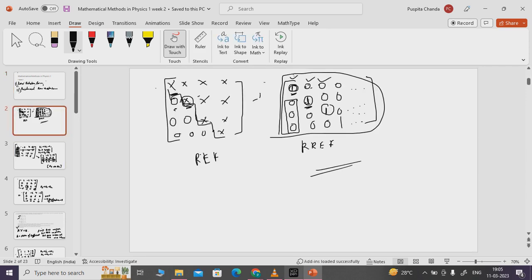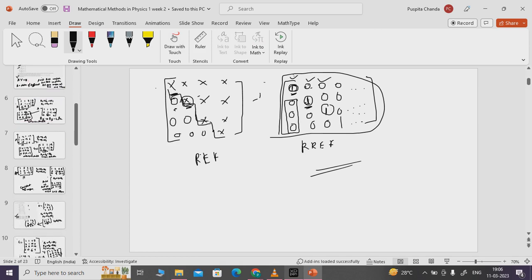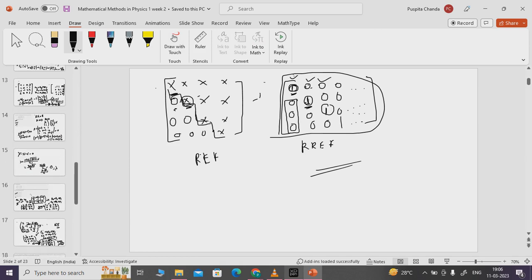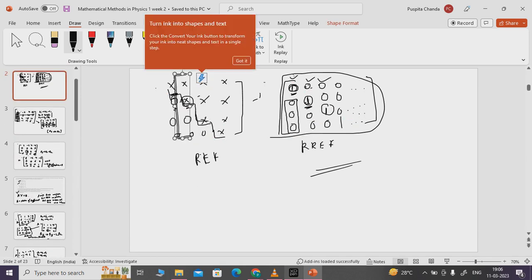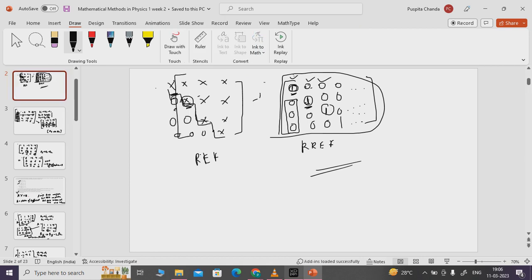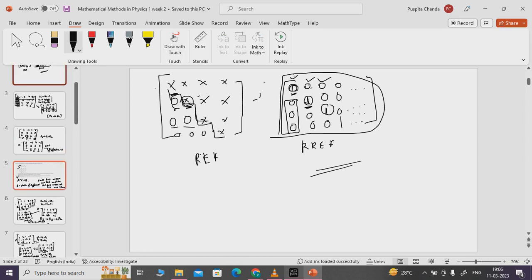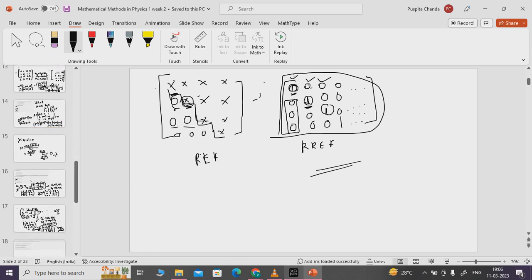Reduced row echelon form takes more steps, where you make those things 0. As long as you are making these things 0, you are good to go.